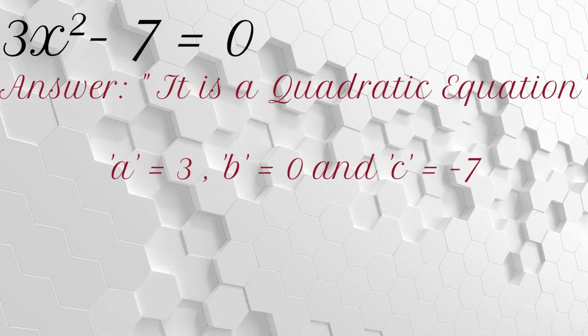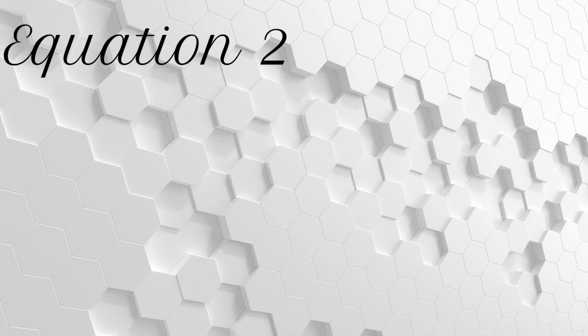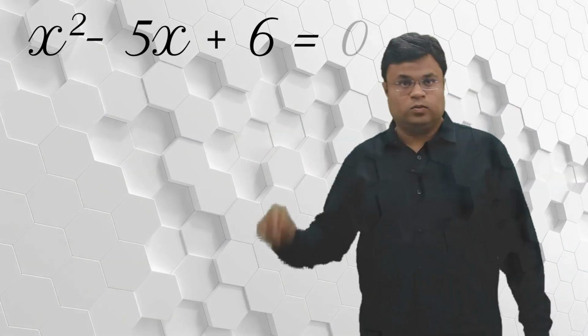Okay, for the next one. x² − 5x + 6 = 0.